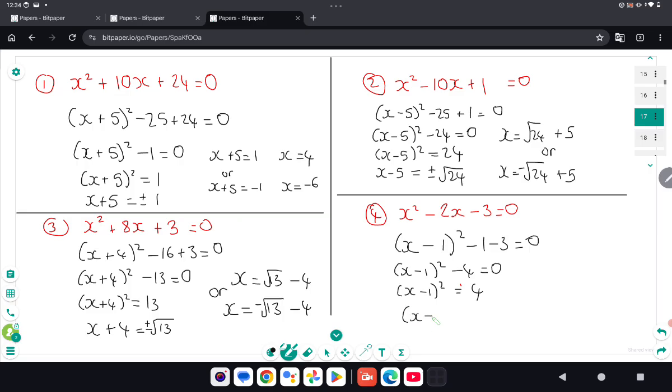Square root both sides. Square root of 4 is 2. Positive 2 or negative 2. One of our solutions is x minus 1 is equal to 2, in which case add 1 to both sides, x is 3. Or x minus 1 is negative 2, add 1 to both sides, x is negative 1. So one solution, second solution.